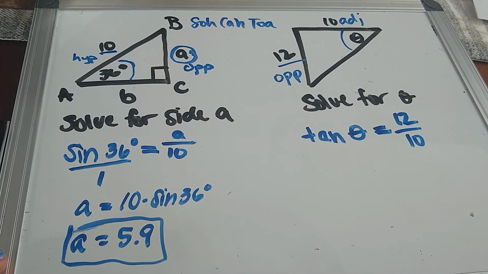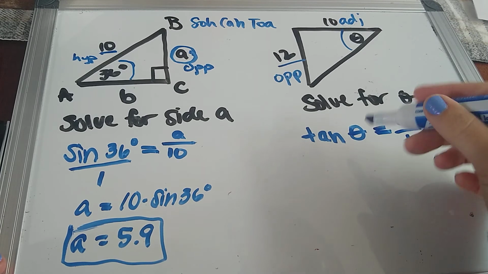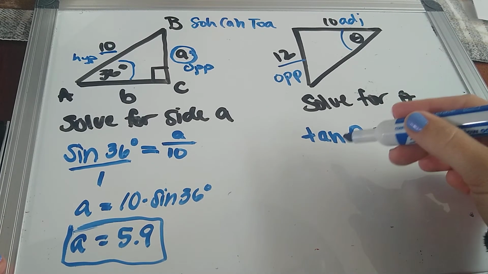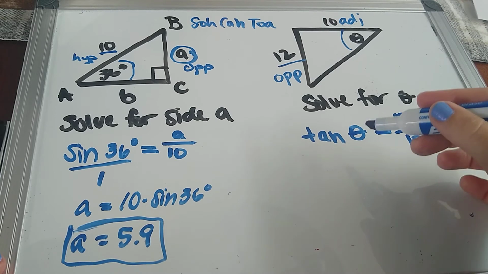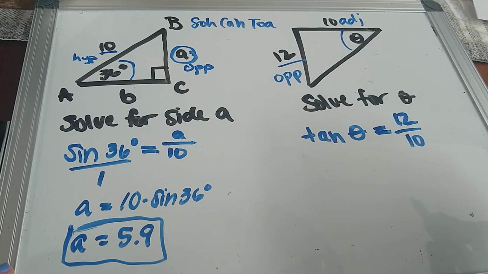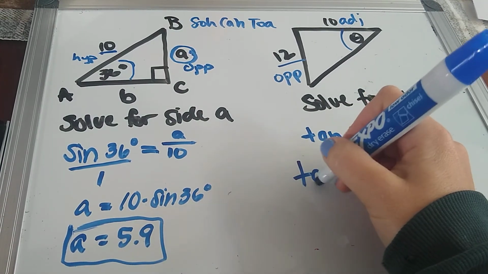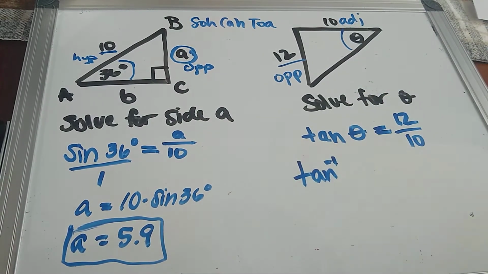Okay, this problem works a little bit differently because our unknown is inside the function. Remember, I said this earlier. It's not tangent times theta, it's tangent of theta. Theta is the x value, it's the input. So we need to undo the tangent function. We talked about inverses before, so we need to undo the tangent. There's something called tangent inverse, so it looks like that.